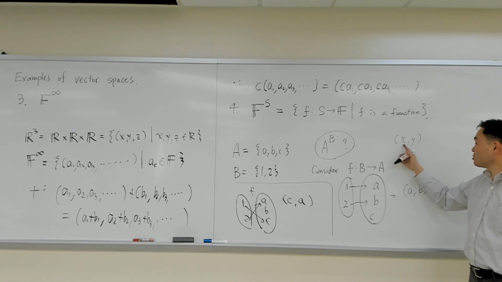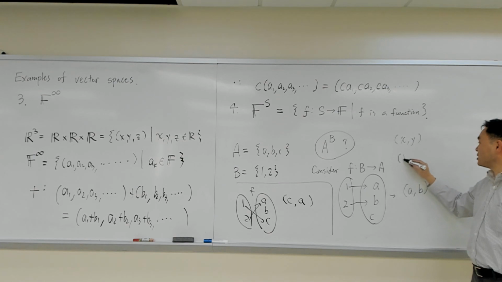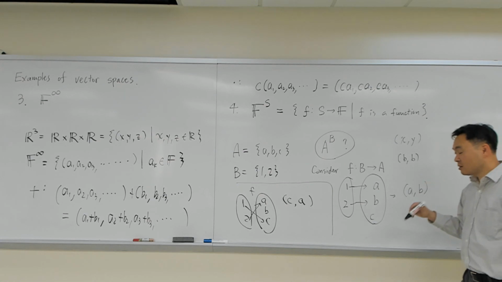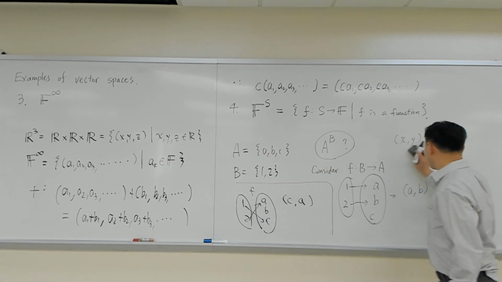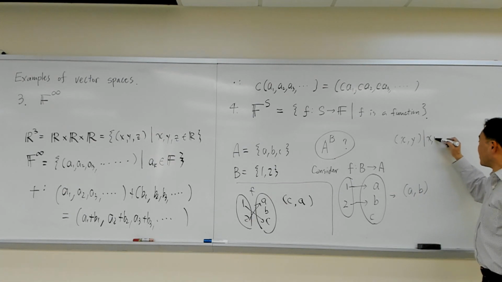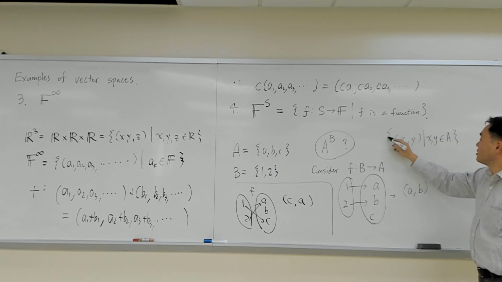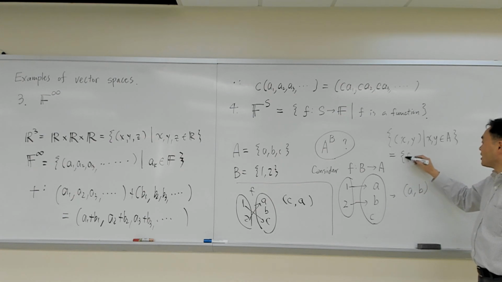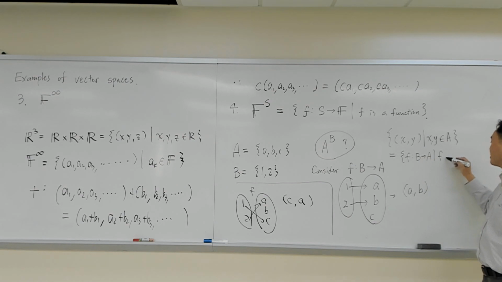Because you put anything in these two, like for example, if you put B, B, that means f of 1 is B and f of 2 is also B. So you do that, and x and y are both from A. That would be identical to, well, I have to be careful saying identical, isomorphic to the set of all functions f. Alright?